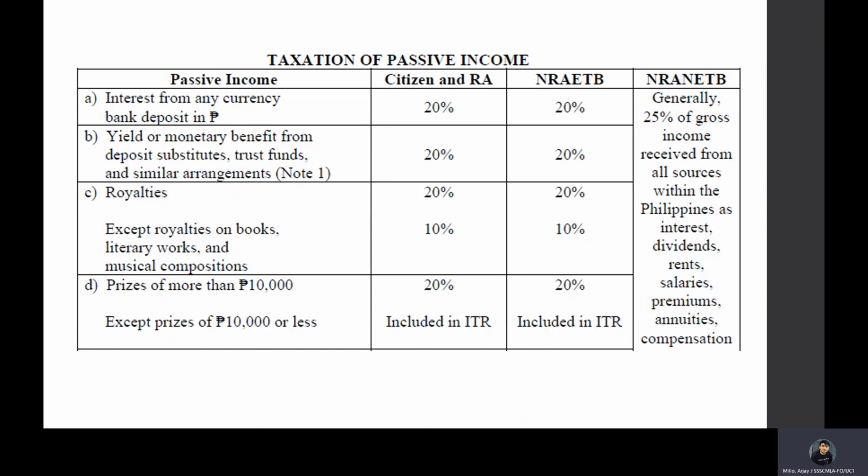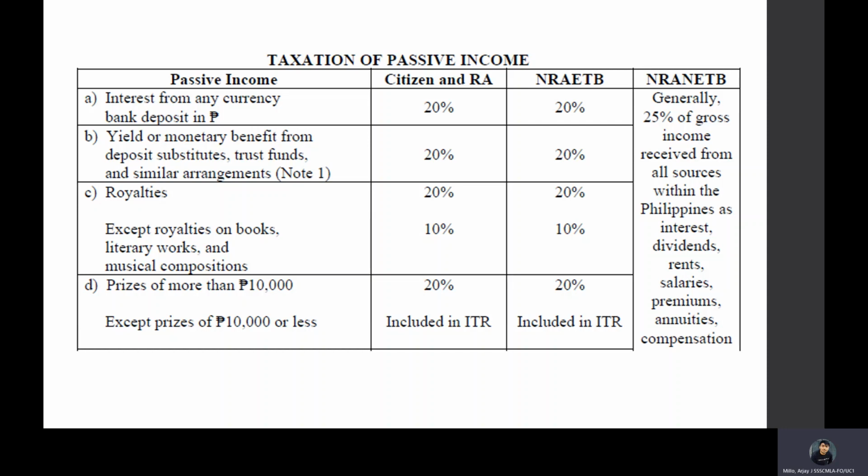So, I have categorized based sa citizen and resident alien, and then yung non-resident citizen and non-resident alien, and then yung non-resident alien engaged in business, and yung NRA-NETB, yung non-resident alien not engaged in trade or business.